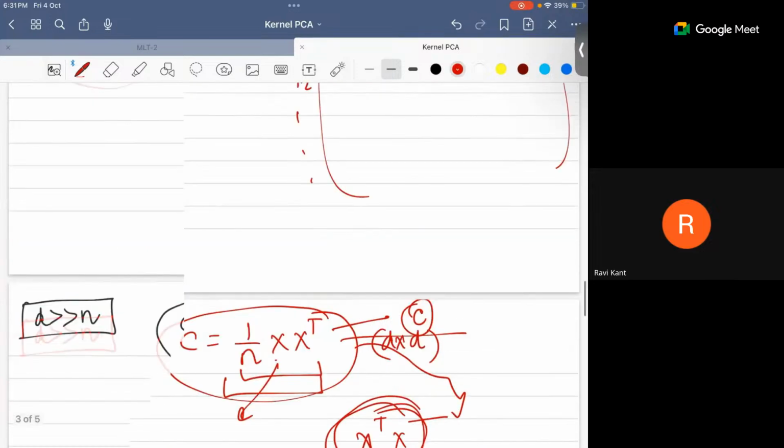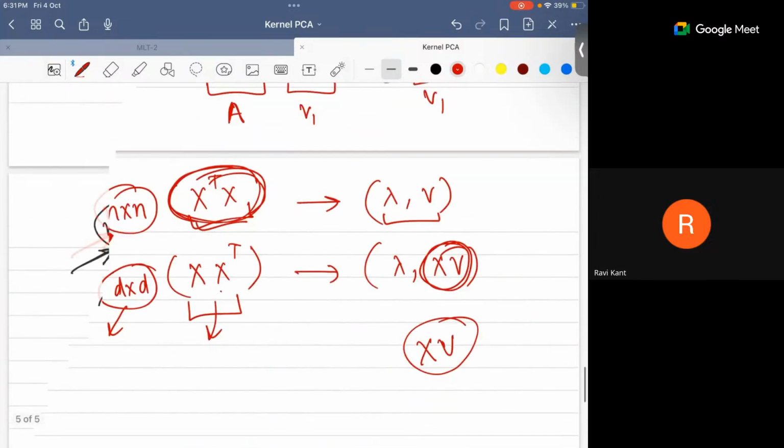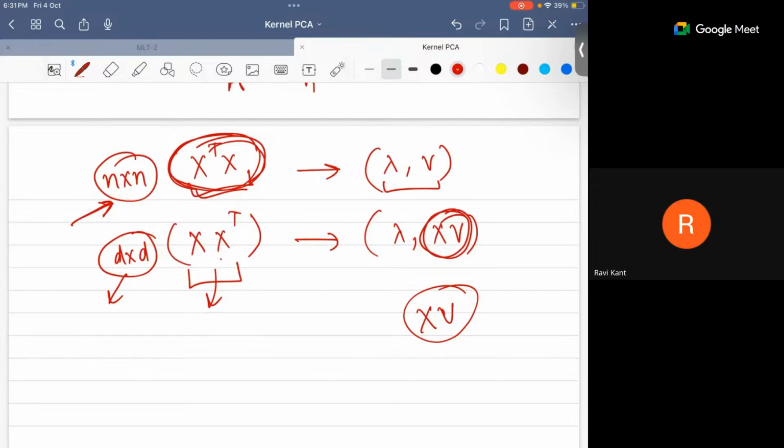So that's why we took the help of x transpose x: we can calculate the eigenvector corresponding to x transpose x, which is an n cross n matrix, small as compared to d cross d.